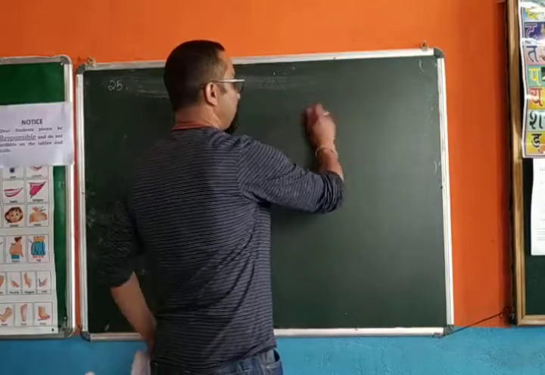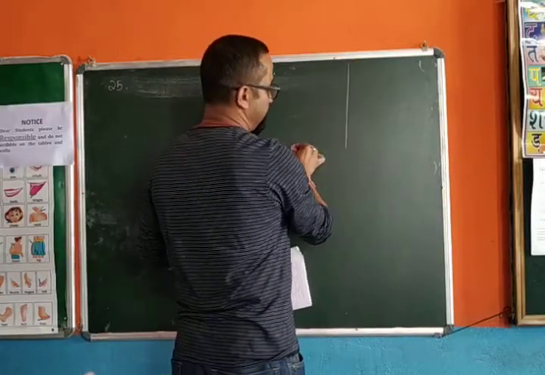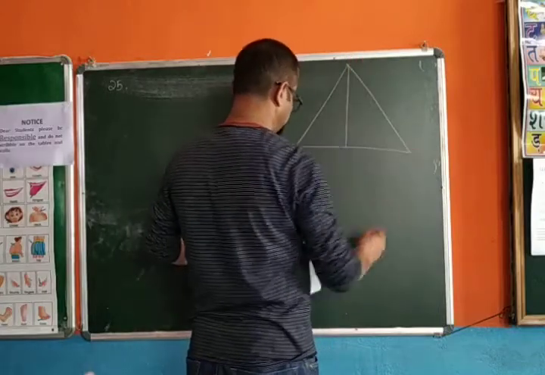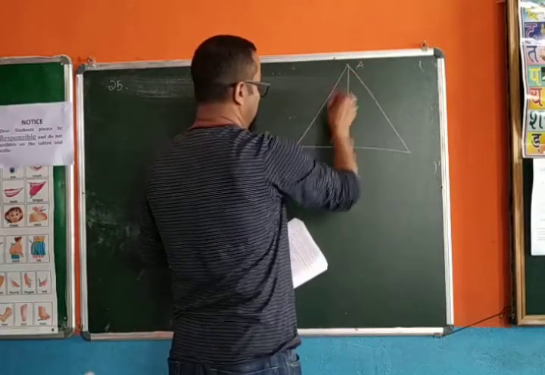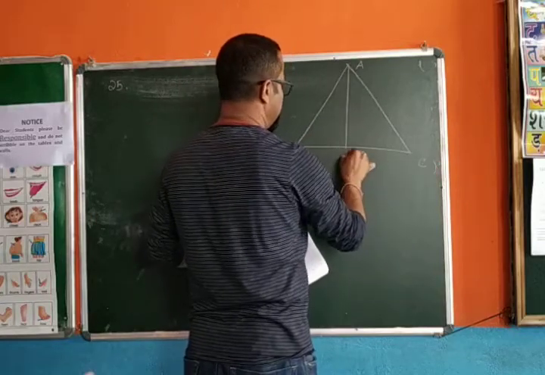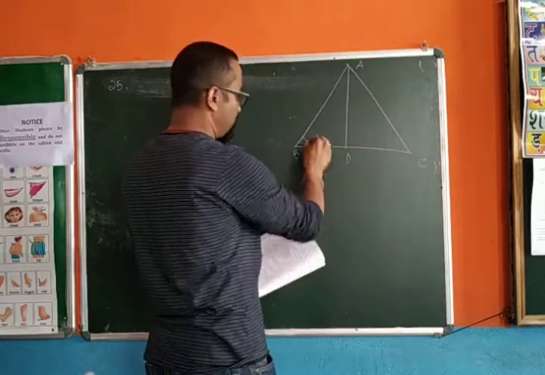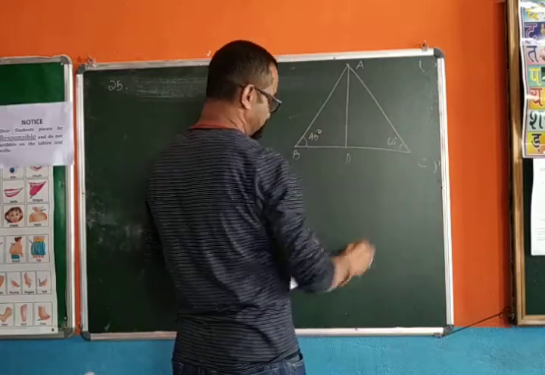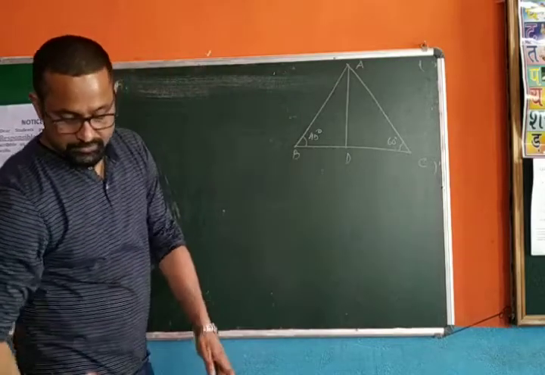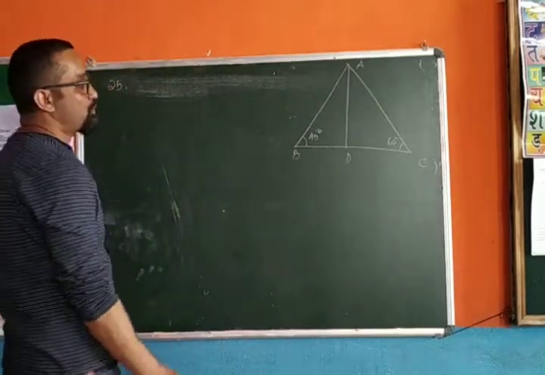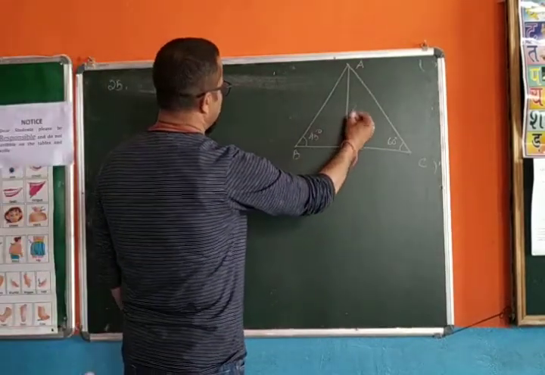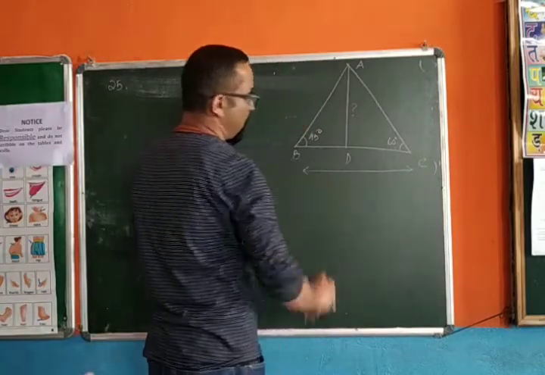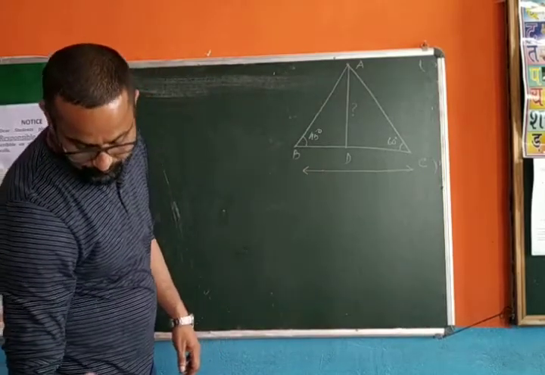So what do we do? We draw the diagram at the side. You have to use the figure: A, B, C, D. This is given, which is equal to 45 degrees, 60 degrees. Now the question says to calculate AD, and this whole length BC is equal to 8 meters.